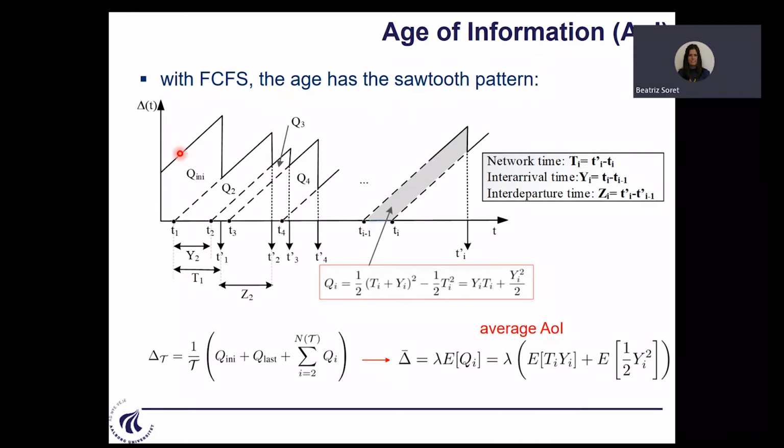It's a process that grows linearly when I don't receive anything, and then in the instant when I receive a new packet, I update the age, and the new value will be the time elapsed since this packet that has just arrived was generated. That's the concept. So it keeps an idea of the age of the current information.